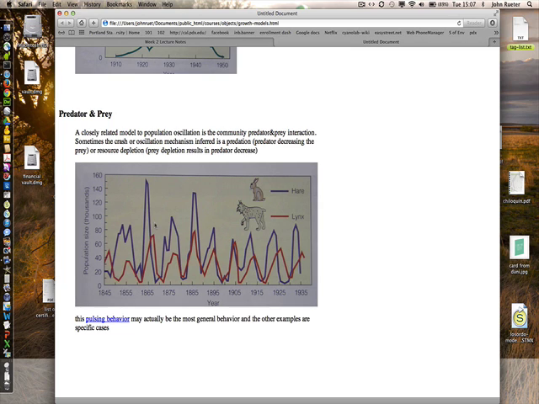If there's a lot of hares around, the lynx population will grow, and then when the lynx population gets high, it depletes the hare food source, and then that cycle just starts all over again. So this oscillation is very interesting behavior in biological food webs, but again, doesn't really apply to human populations.